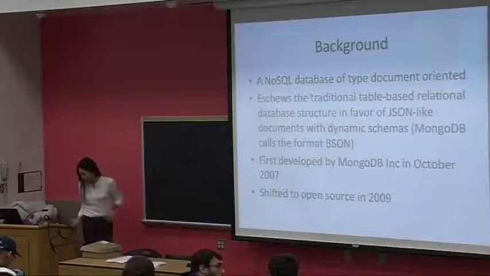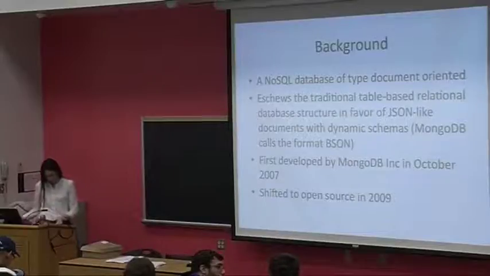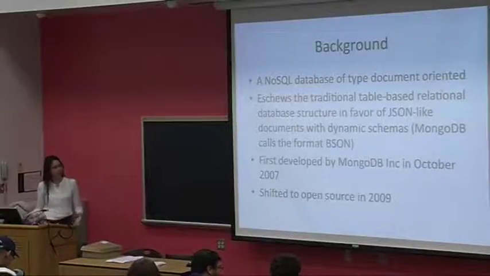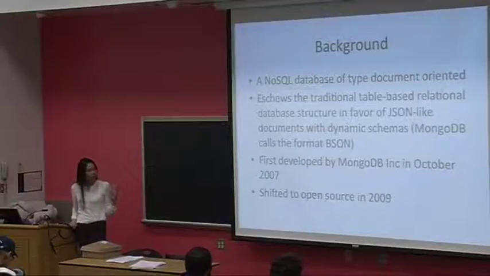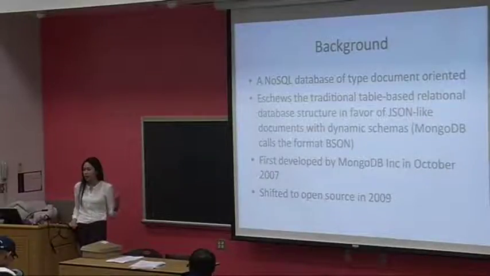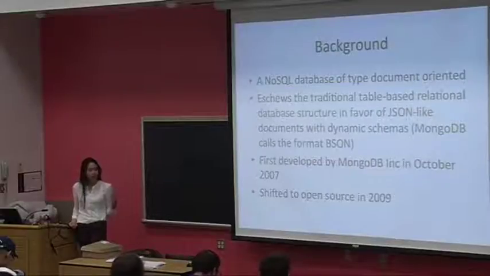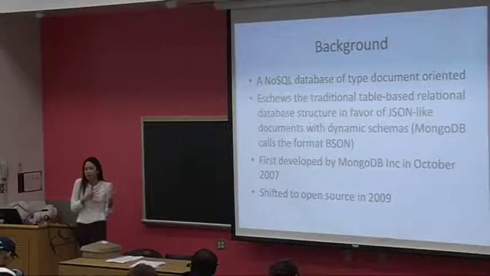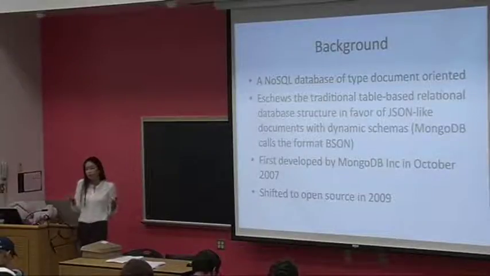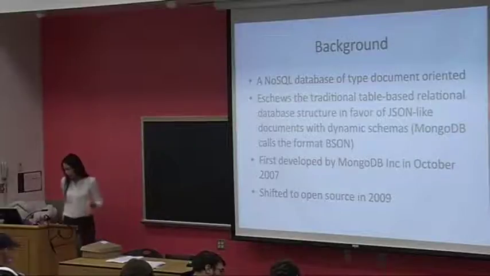JSON stands for JavaScript Object Notation. In MongoDB, whenever they talk about their data format, they say BSON, which means the binary version of JSON. It's just what happens behind the scenes, how they handle JSON. But when you read the data, it's in JSON format.